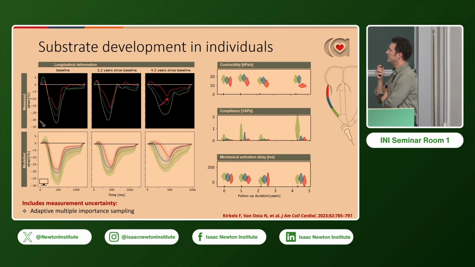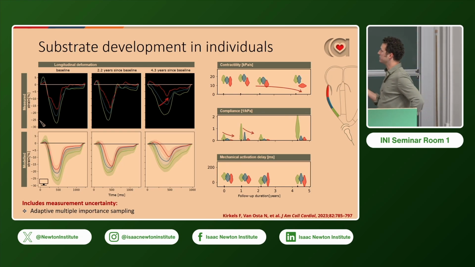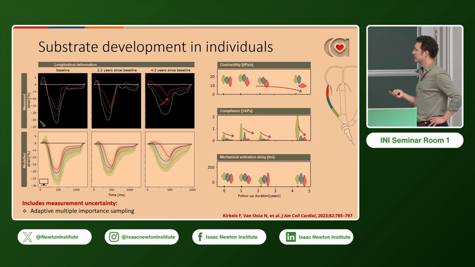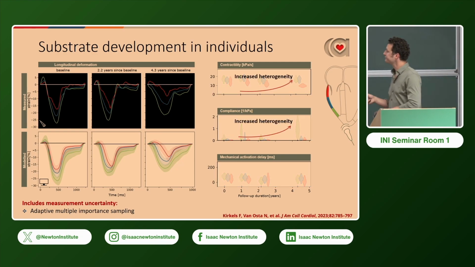And in all those 313 echo sets, he quantified regional contractility from apex to base, and you see a growing heterogeneity over time in this patient, both in contractility, not so clear in compliance, but still a little bit, and not really a change in mechanical activation delay in this particular case.